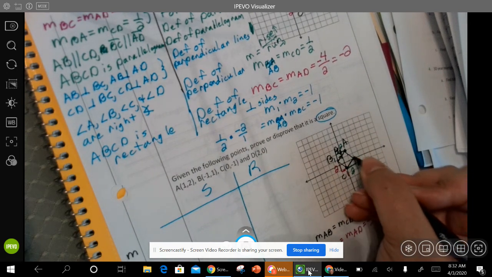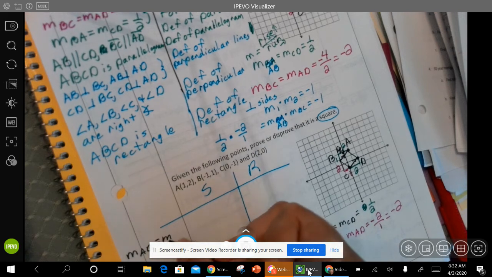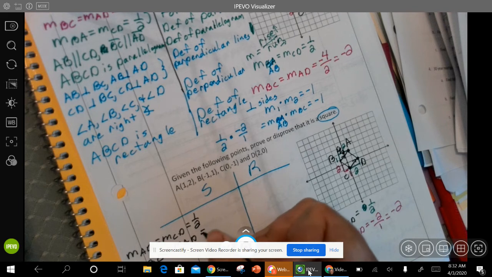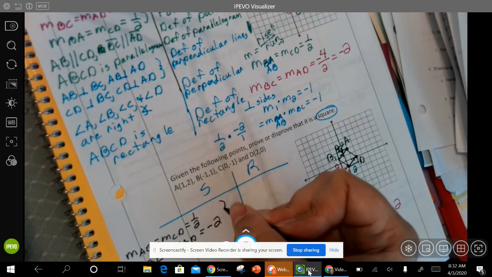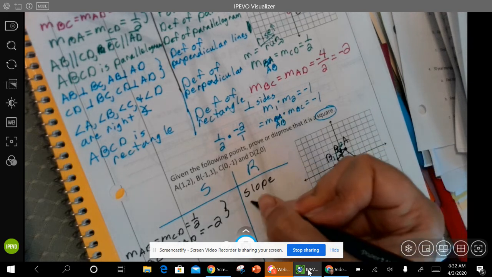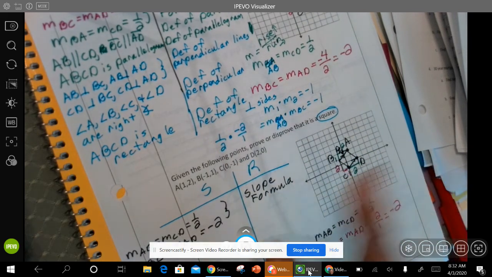So since the slopes are congruent, that means opposite sides are congruent. So slope of AB is equal to slope of CD. So that's 1/2. Slope of BC is equal to slope of AD, which is -2. Okay, so those are both by our slope formula. That would be our reason.